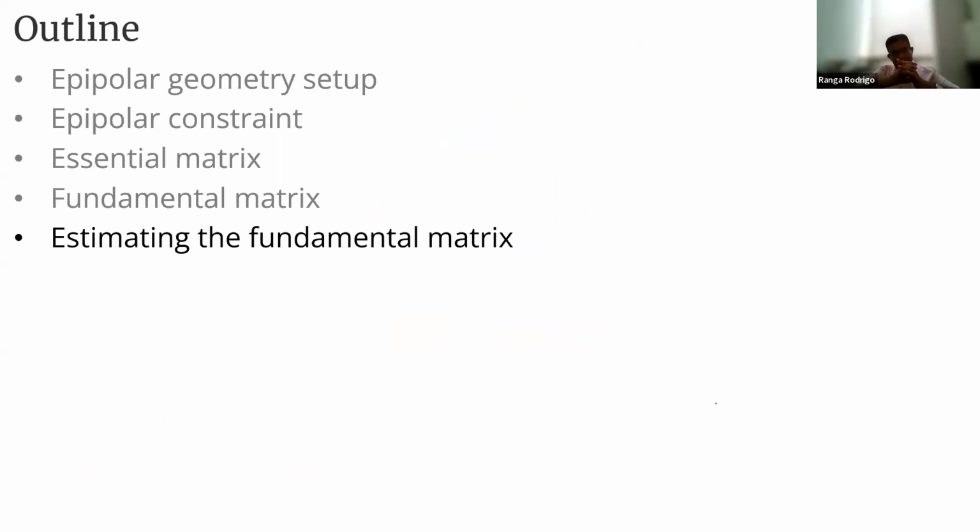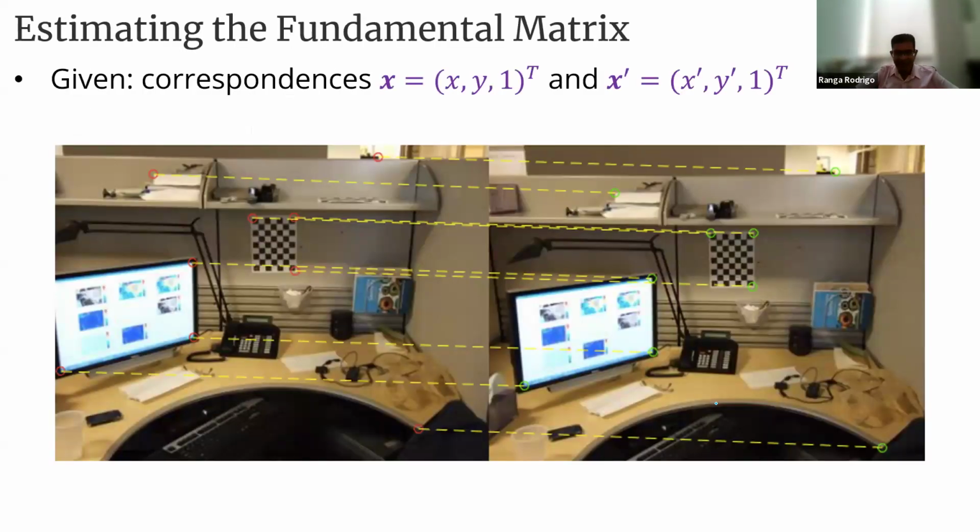The fundamental matrix is a matrix that we obtain from the matching pairs of points x and x prime. If you have these matching pairs of points, you can see they have obtained two images. If this is, let's call it x1, the first point, its matching point we call x1 prime.